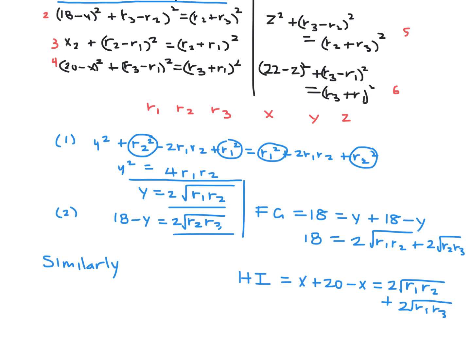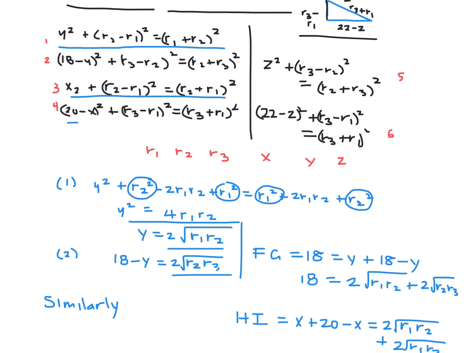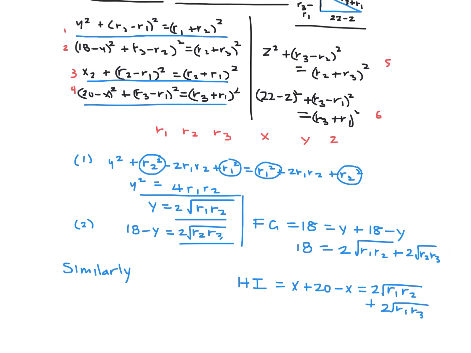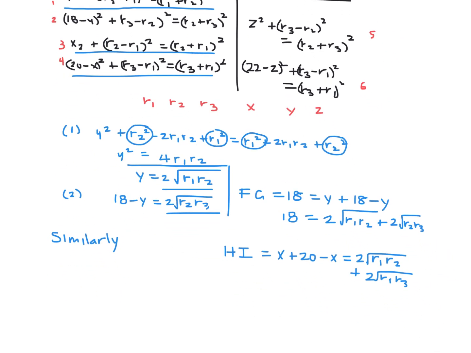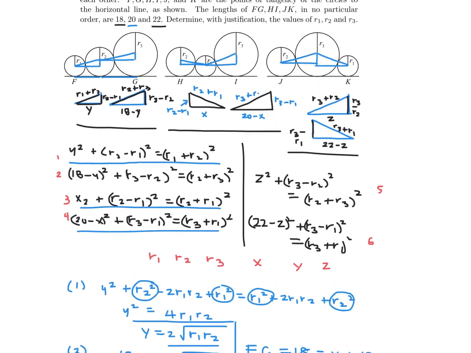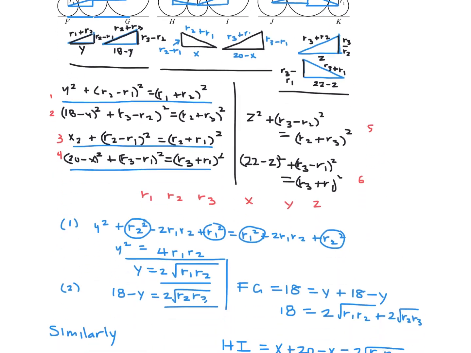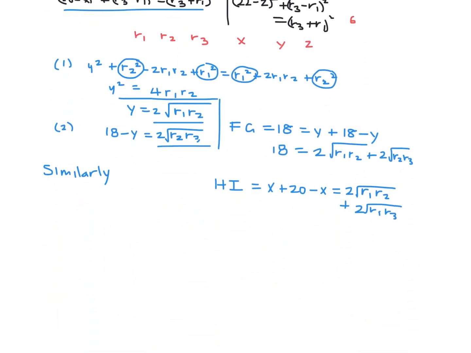So those other two equations, I believe, are this guy and this guy up there. And HI was 20. So that means that 20 is equal to 2 root r1r2 plus 2 root r1r3.